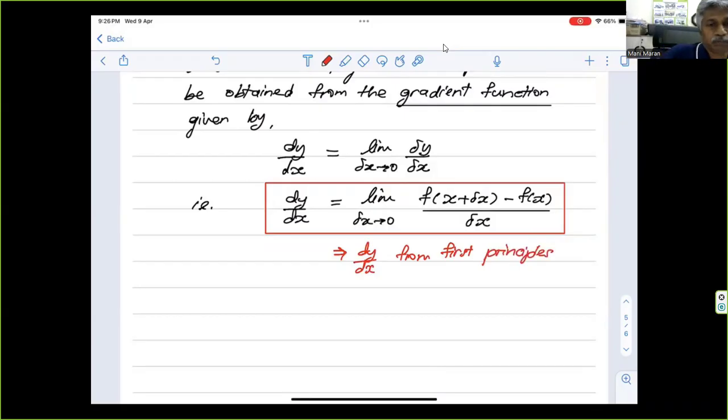When you are asked to find dy/dx from first principle, remember this equation. In admits, actually you don't have to memorize anything, because if you keep practicing a lot, you will find that all this equation will come automatically to you.